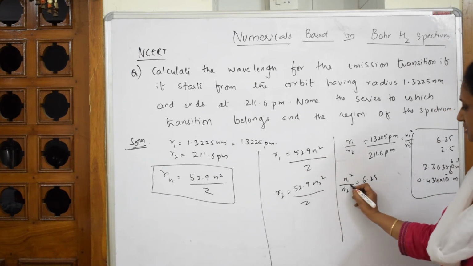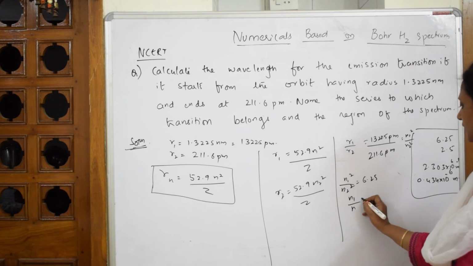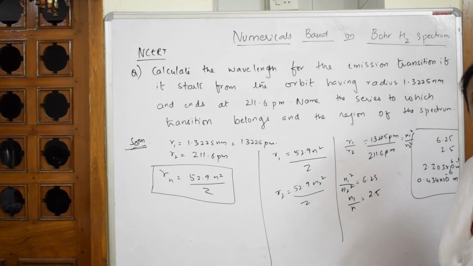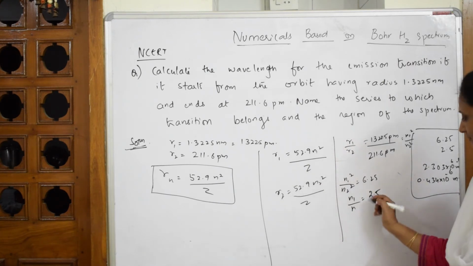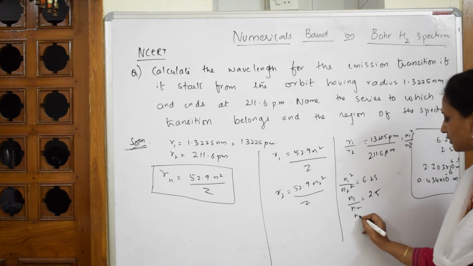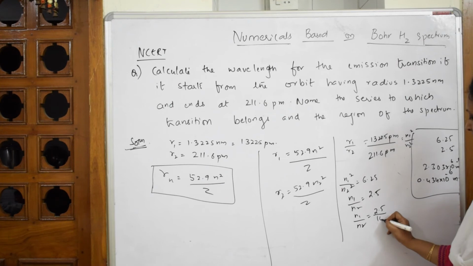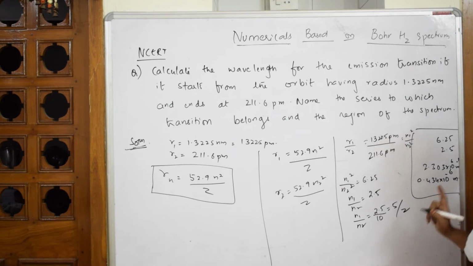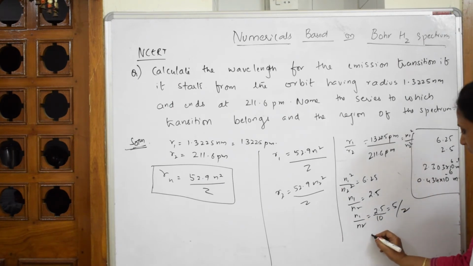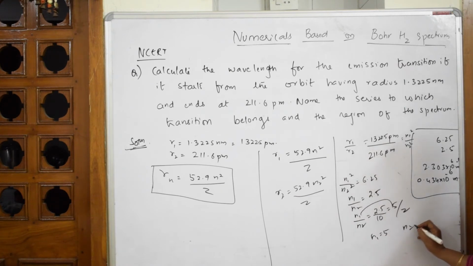If I take out the square root, n1 by n2 is 2.5. Further, if I take out the decimal, n1 by n2 is 2.5 by 10, nothing but 5 by 2. Now what did we get? We have got n1 value equal to 5, n2 value equal to 2.